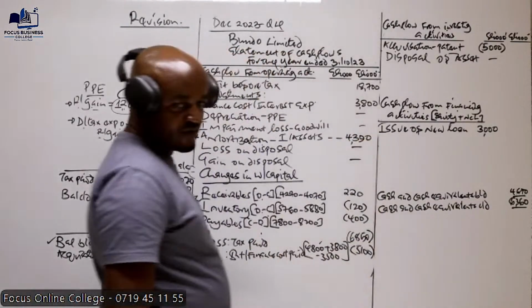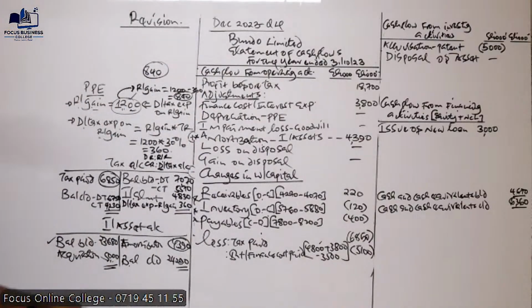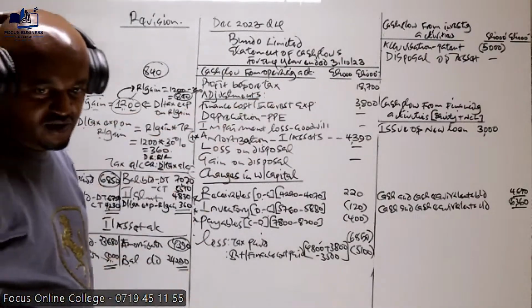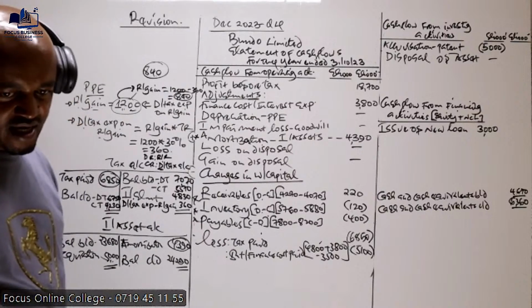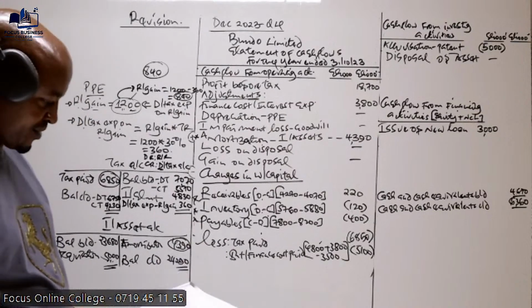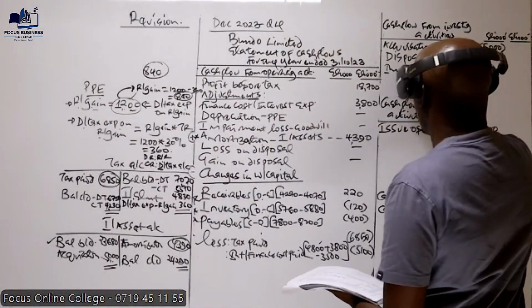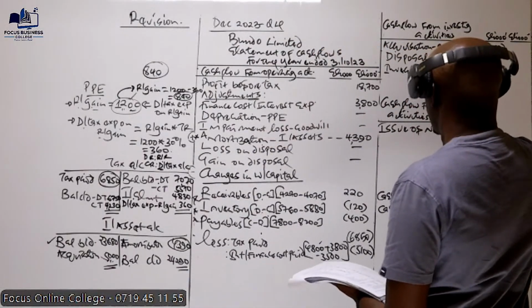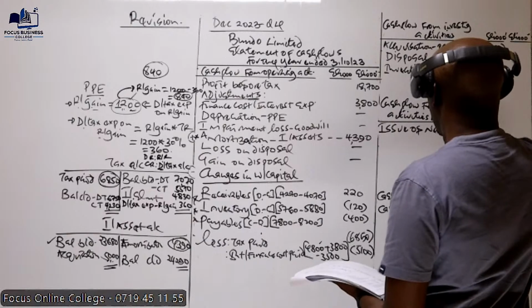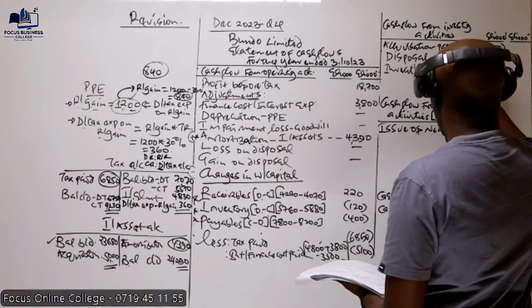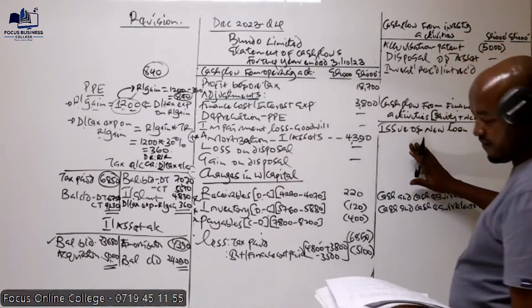And basically that one should be added back to the profit because it's a non-cash item. I think that's what we have. So nothing else we have here. We don't have any investment income which was received, or maybe interest which was received.